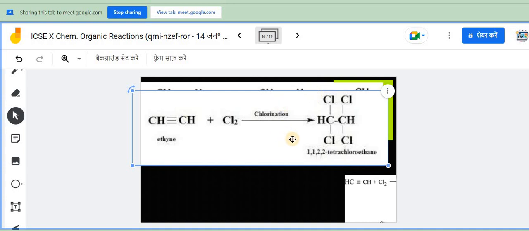That's the first step. Then if you add chlorine again, the double bond changes to single. Now this final product has single bonds between the carbons. So 1,1,2,2-tetrachloroethane. This is the product we got after double chlorination of ethyne.